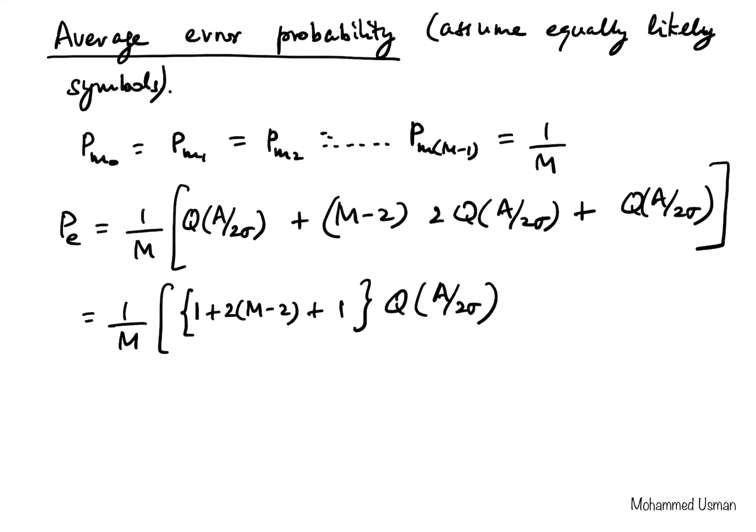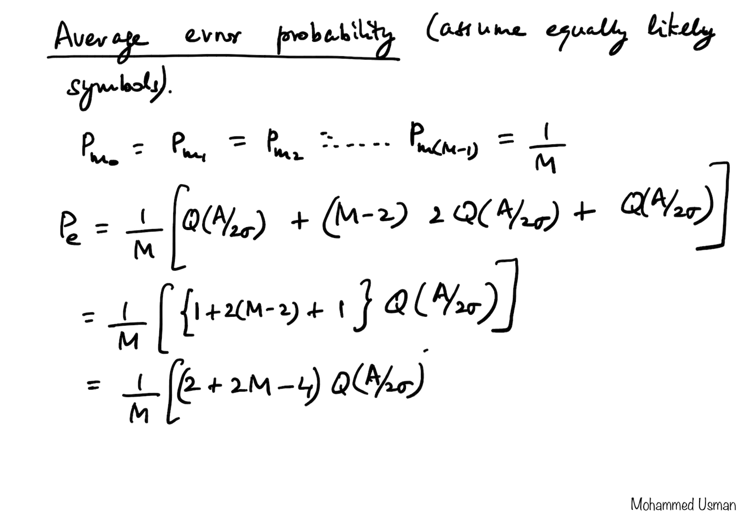So we'll simplify that now. That will become 1 by m into 2 plus 2m minus 4. I've just added this 1 and 1, so 1 plus 1 is 2, and I multiplied out 2m minus 4. This whole thing multiplies Q of a by 2 sigma.